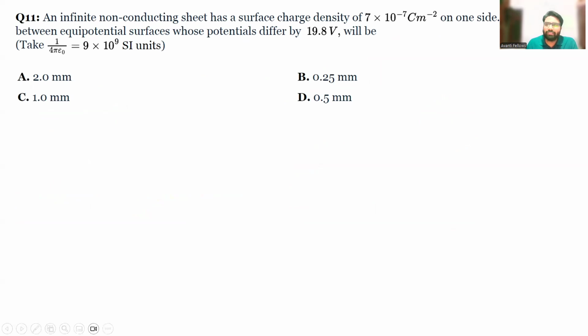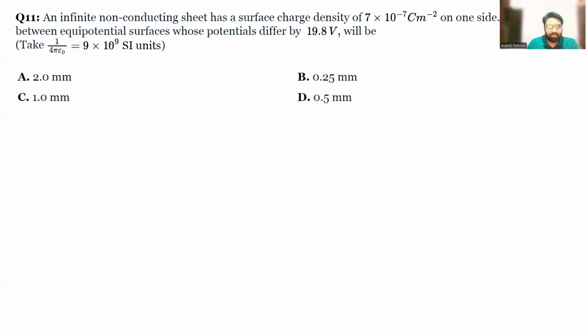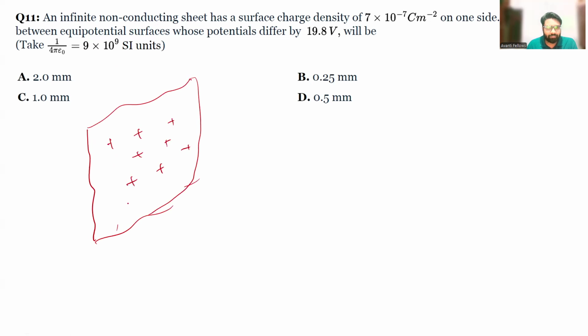The distance between the equipotential surfaces whose potential differ by 19.8 volt will be. Now again, as the previous one, we are going to apply this approach. Now, this is an infinitely long non-conducting sheet. Let's say this is charged with positive charge equally.